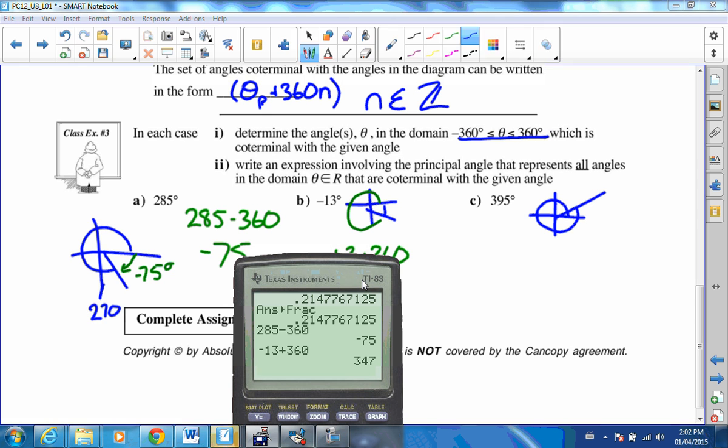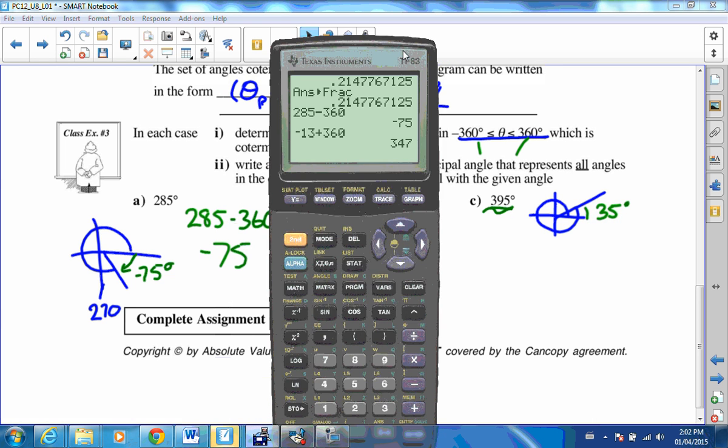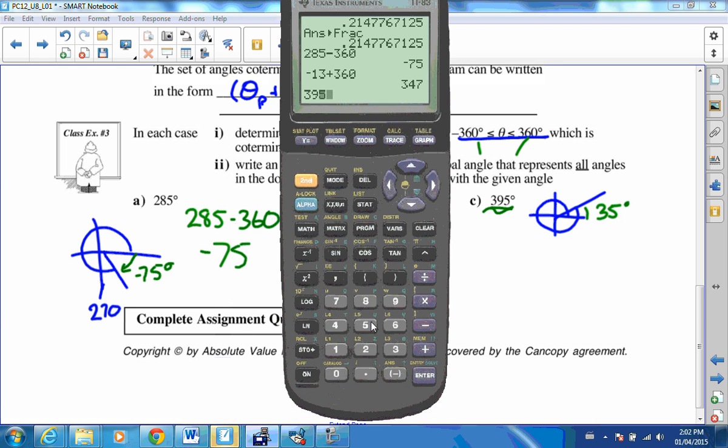So for this one, I'm actually going to have 2 angles in here because my starting angle is outside of that. So my 2 angles are going to be positive 35 degrees, I could go 395 minus 360, that gets me to 35, or I could do that again, negative 325, which is going to be this one here.